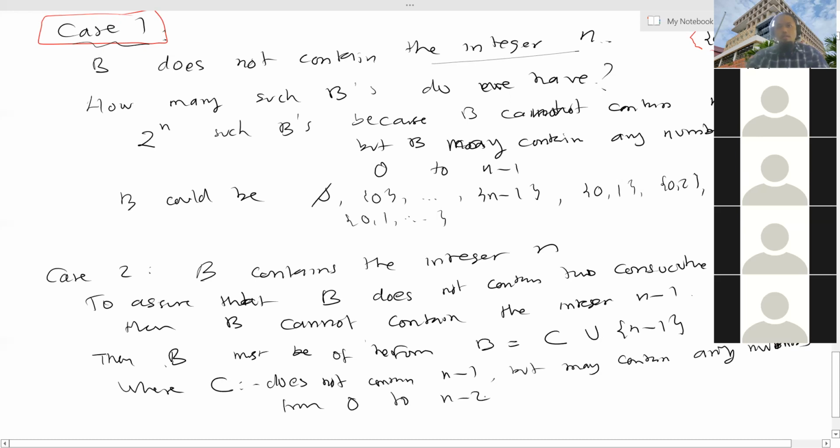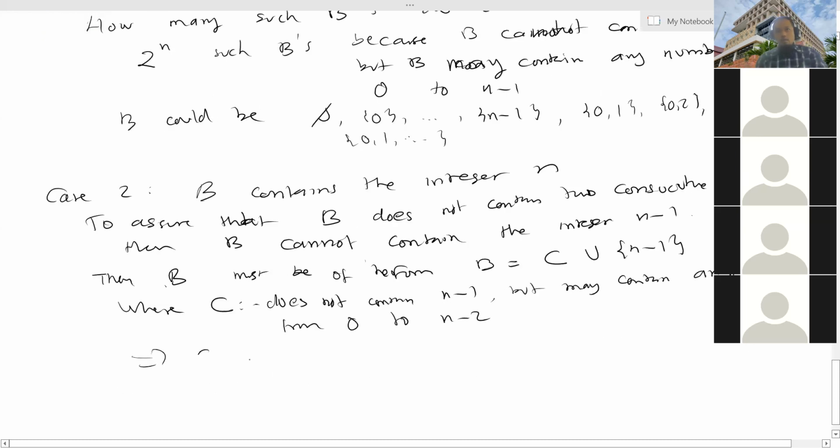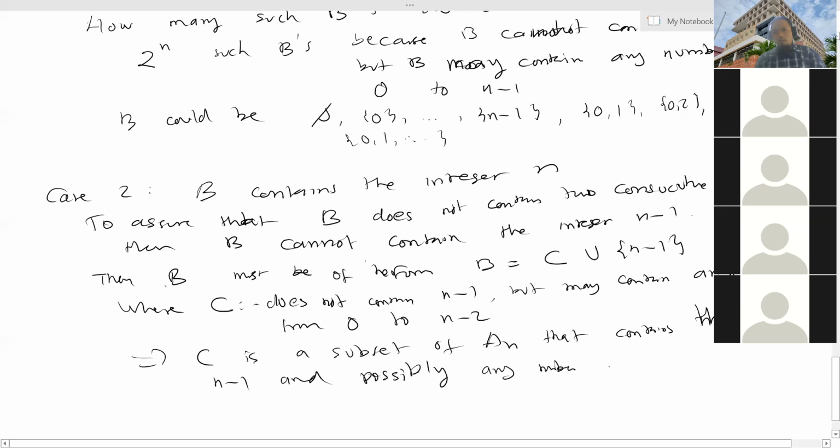So in that case, C is also a subset that contains the integer n minus 1 and possibly any number from 0 to n minus 2.